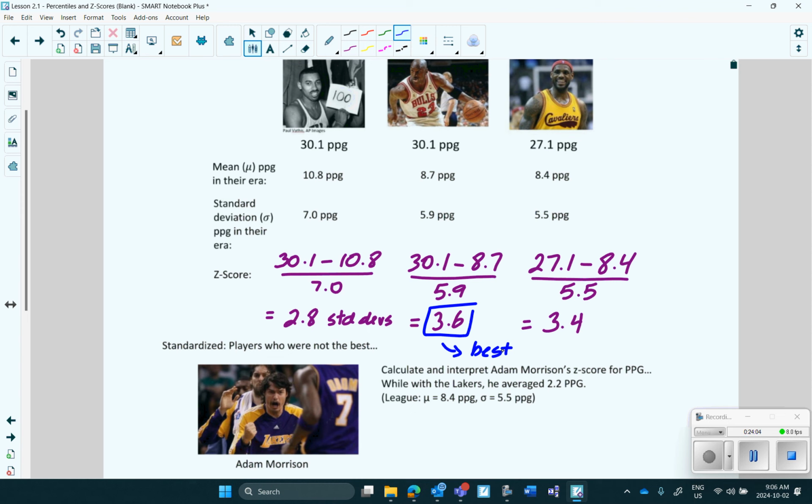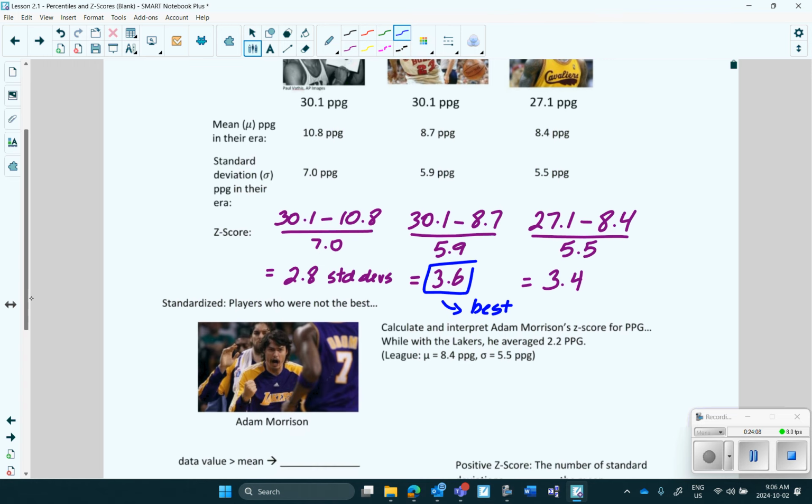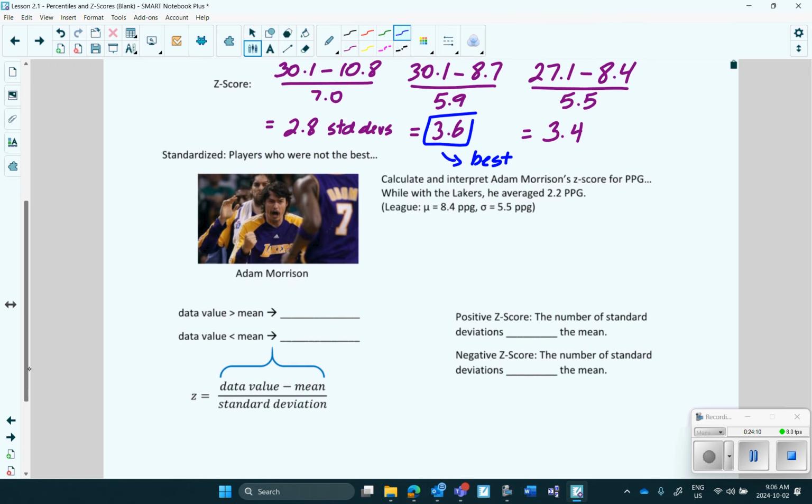Let's see what a negative looks like. Let's look at a guy who didn't have that many points per game. Okay, a guy named Adam Morris. He averaged 2.2 points per game. So his Z-score would be 2.2 minus 8.4, divided by 5.5.